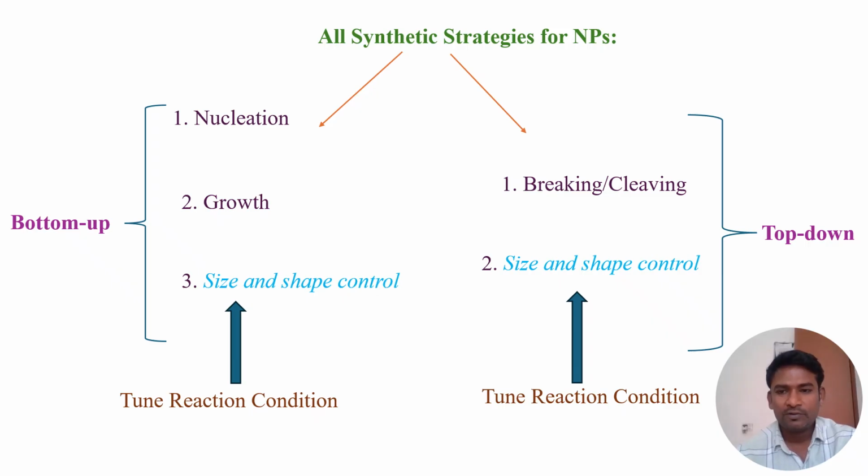So the design of the synthetic strategy is very important and plays a huge role in controlling the size and shape. Therefore, this slide summarizes that by designing suitable reaction conditions, we can control the size and shape of the nanostructures.